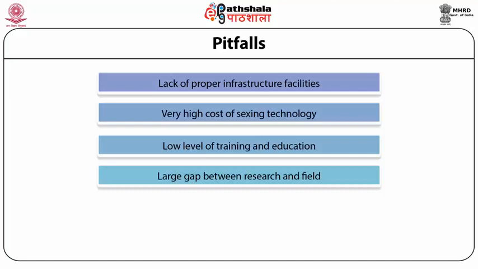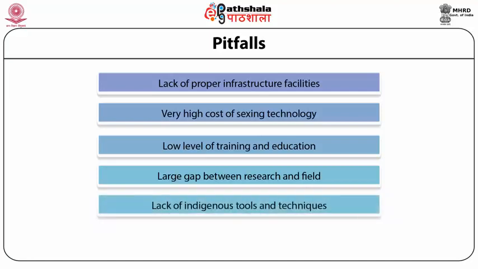And there is a lack of indigenous tools and techniques. So every country, according to its need, has to develop indigenous tools and techniques so that it becomes cheaper and practical to apply these techniques in field conditions.